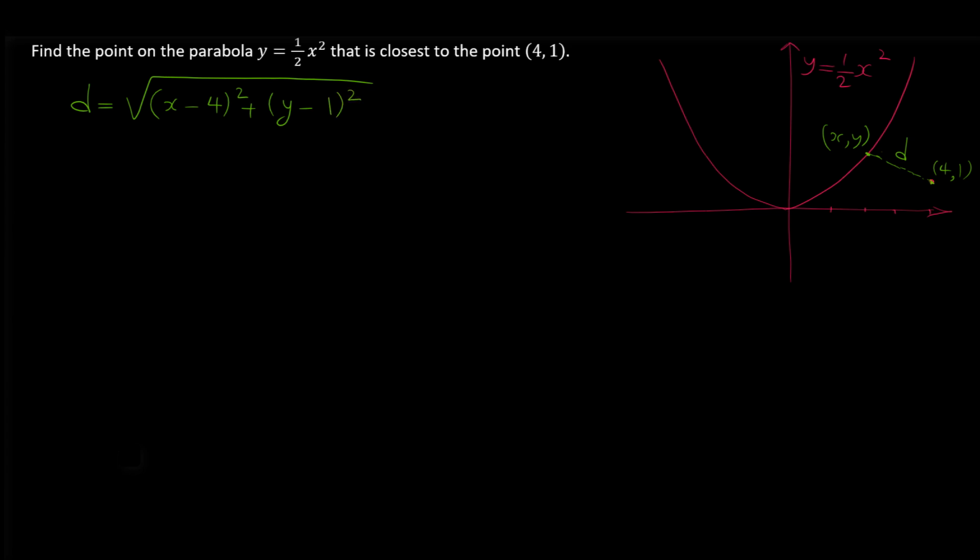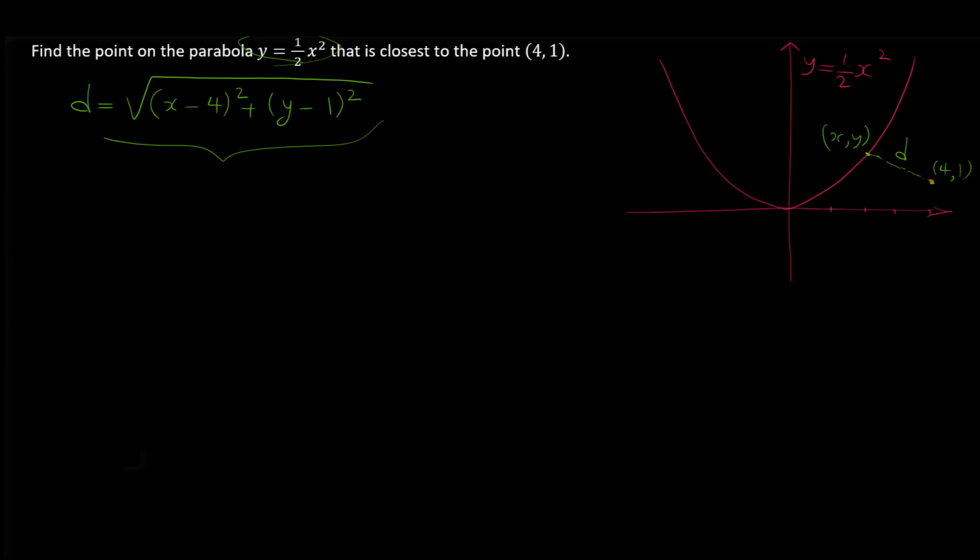So we want to minimize this expression. But as you can see, this expression has two variables, x and y. And as usual, we have to try to rewrite it in terms of one variable. Note that y and x are related to each other by this equation. y is 1/2 x squared.